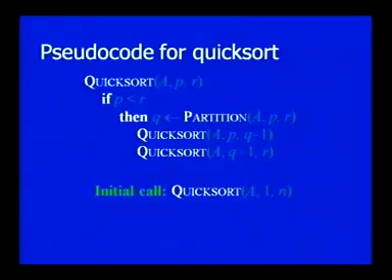P points to your low, R points to your high. You are partitioning that to get your pivotal element Q. Then quicksort becomes A comma P comma Q minus 1 and A comma Q plus 1 comma R.